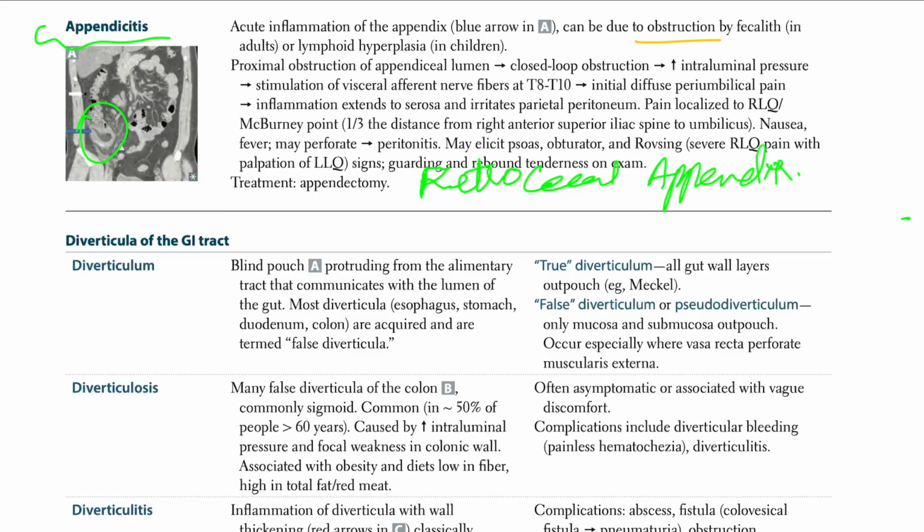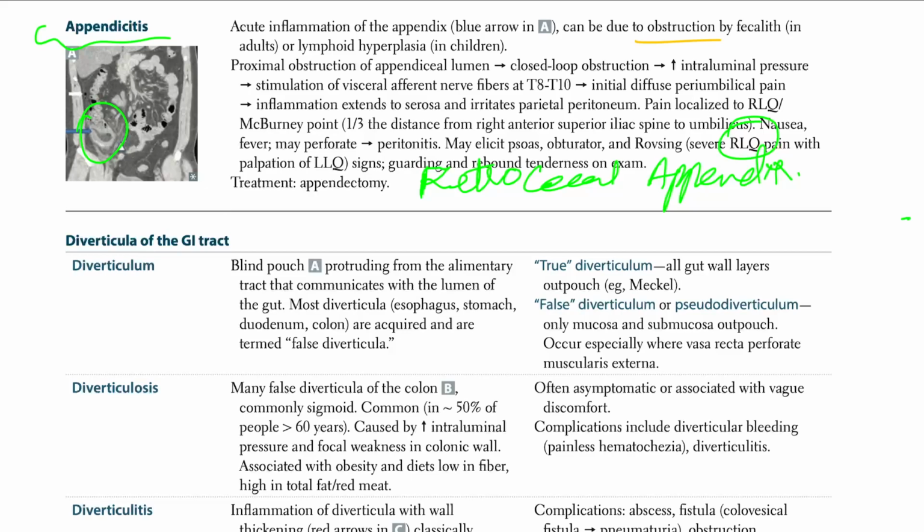A retrocecal appendix may not have significant right lower quadrant pain or tenderness, as the inflamed appendix doesn't get in contact with the anterior parietal peritoneum, and the cecum acts as a cushion that blocks the hand.